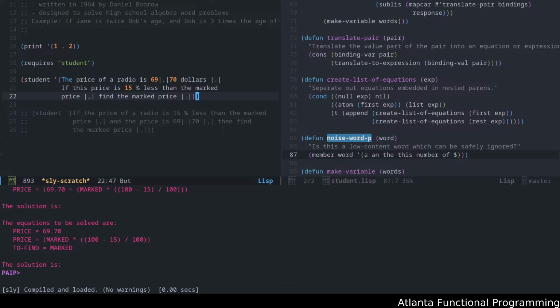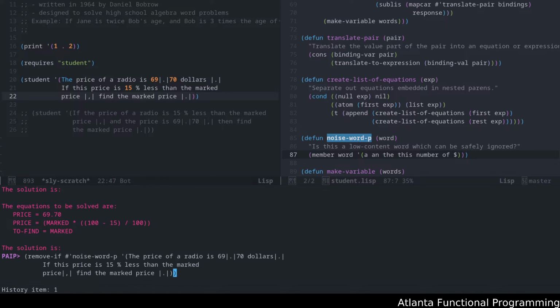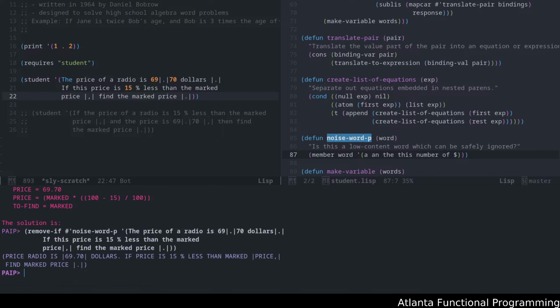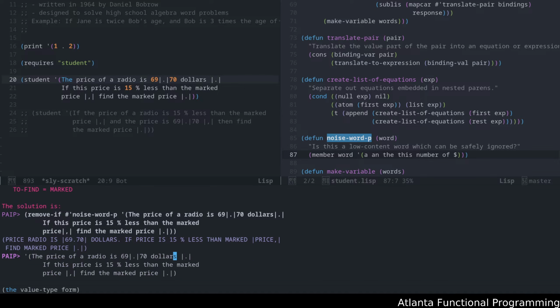Okay, so we got the price. So hold on one second. Let's go back here. Paste that here.